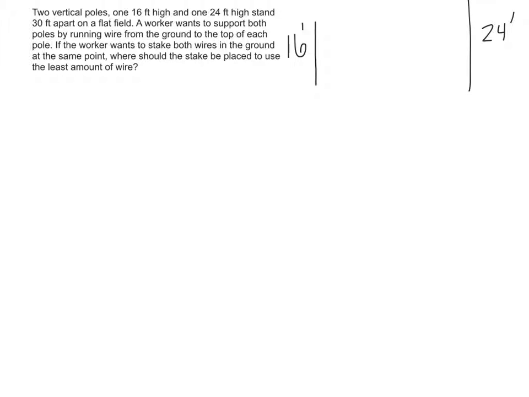And they're on the flat ground, and the distance between the two is 30 feet. And we need to find a spot somewhere in between these two that's going to use the least amount of wire to stake the top of the 16 foot down to here and the top of the 24 foot at the same spot. So I got to figure out what that spot is.